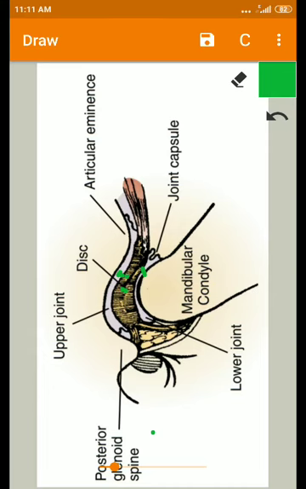That is carried out by the synovial fluid.